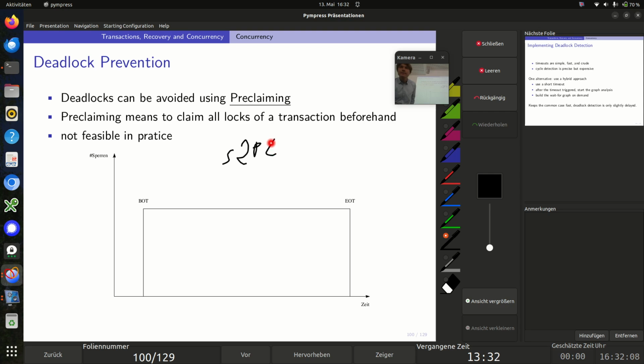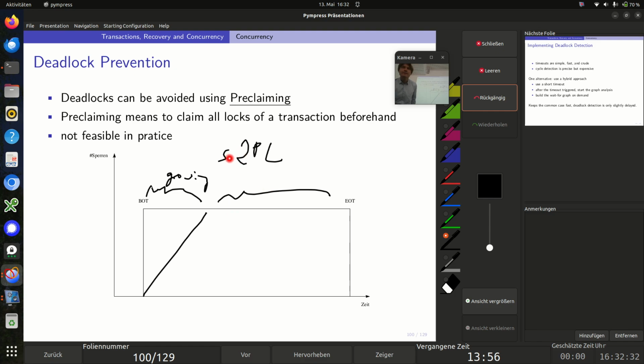Two-phase, that's an L, not a C, so you don't get confused. So two-phase locking, strict two-phase locking. Actually we have the growing phase, but here the growing phase is atomic, and then we have the shrinking phase again.